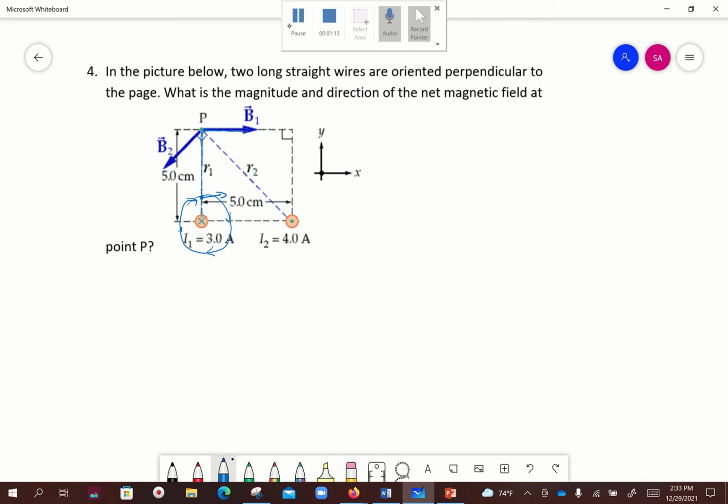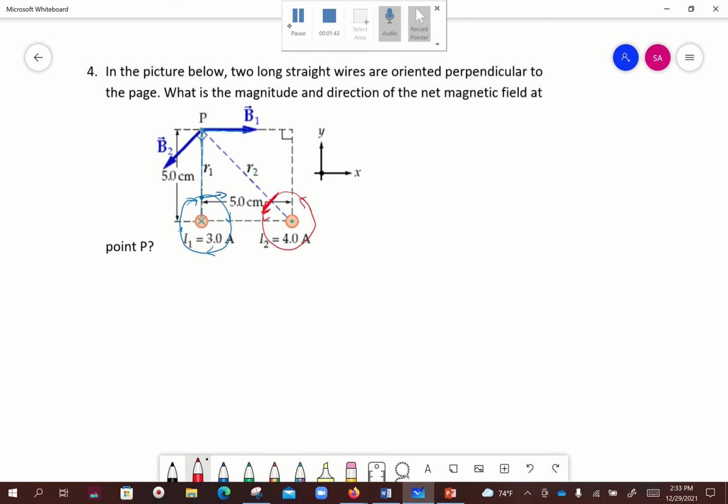Okay, how about from wire 2? Well, wire 2, take your fist, put your thumb pointing out on top of I2, and you'll find that the magnetic field goes in a circle around. This time it is going counterclockwise. And if we look at the point on the diagonal there, which is where point P is, you see that the magnetic field points down diagonally in the direction shown by B2.